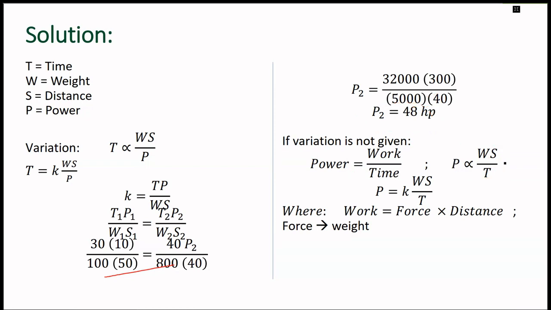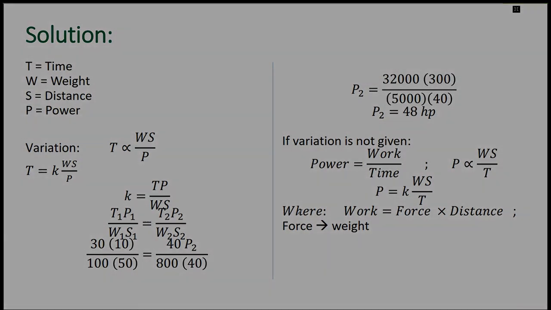With that knowledge, we can get the k and put it in, and we continue with the solution. Work is equal to force times distance, and force is the weight in this case.